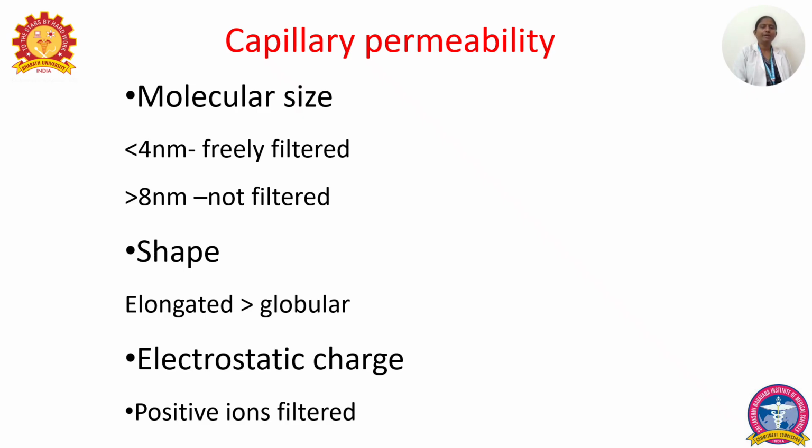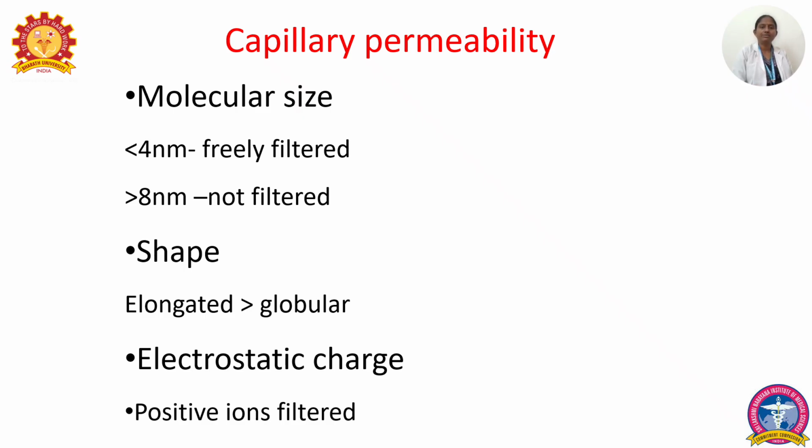At about 4 to 8 nanometers, it has difficulty passing through, but it depends on the size at the particular moment. But when the size of the particle or the molecule is greater than 8 nanometer, it cannot pass through the filtration barrier at all. So it remains in the capillary and will not be present in the ultrafiltrate.